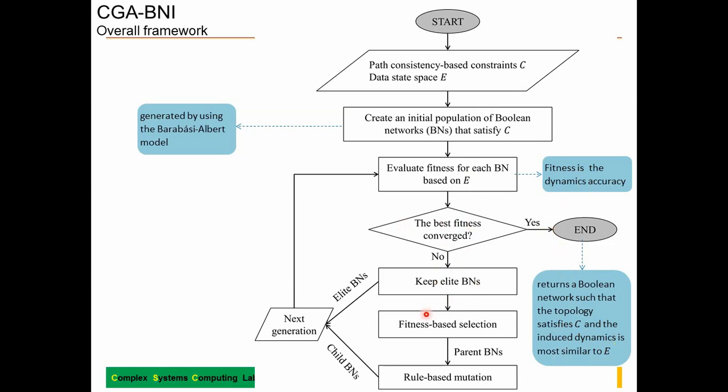And then you select some different Boolean networks and apply mutation to make new Boolean networks, combined with the original Boolean networks for the next generation.